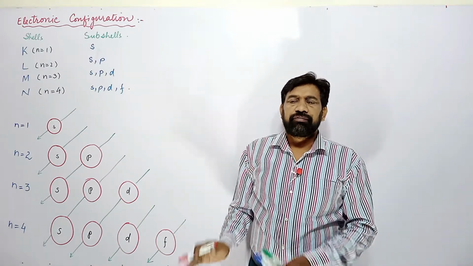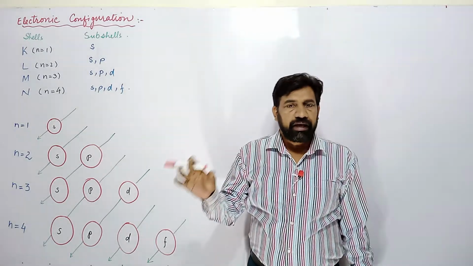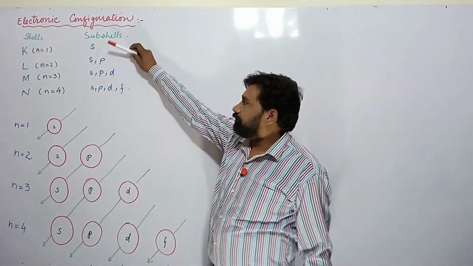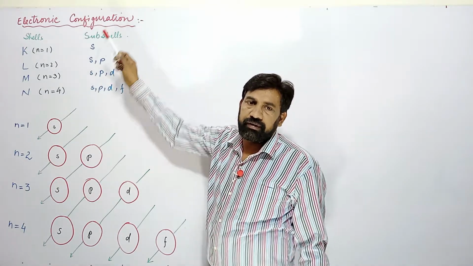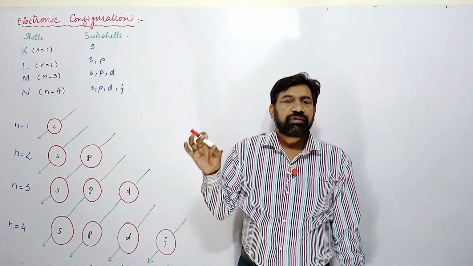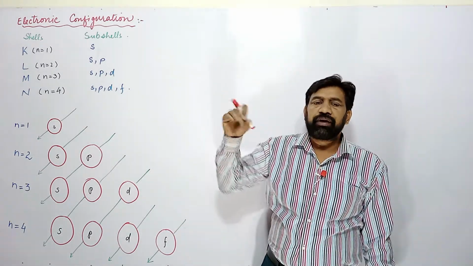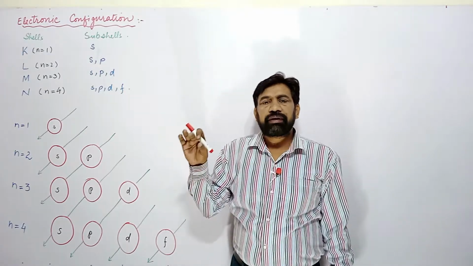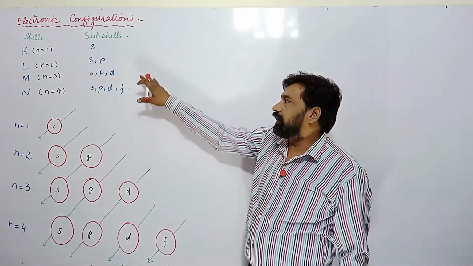Means one shell that is named as K is the main energy level, but s is the sub shell or sub energy level. Students, I would like to tell you that in each main shell there is a specific area where electronic cloud can be found. Where is the probability to find an electron?